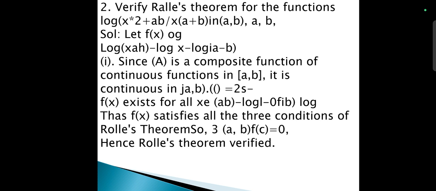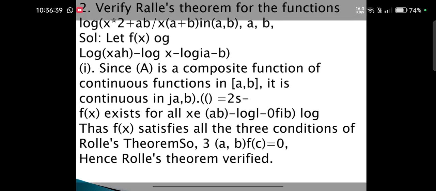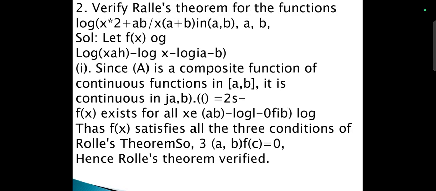First, since f is a composite function of continuous functions in a comma b, it is continuous in a comma b. f dash of x exists for all x in a comma b. Thus f of x satisfies all three conditions of Rolle's theorem. There exists c in a comma b such that f dash c is equal to 0. Hence Rolle's theorem is verified.